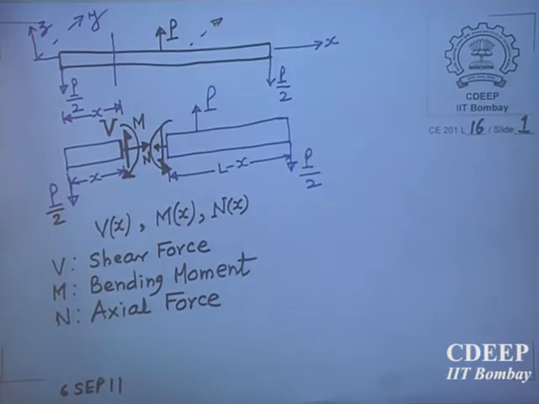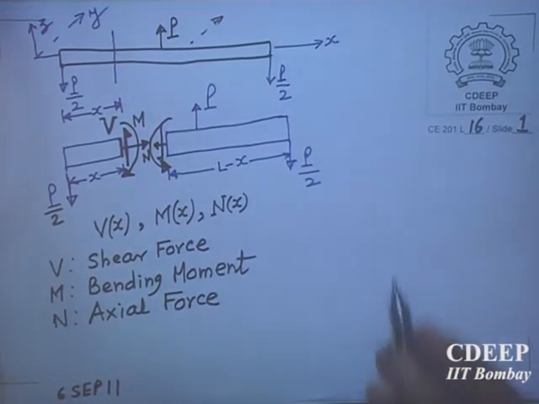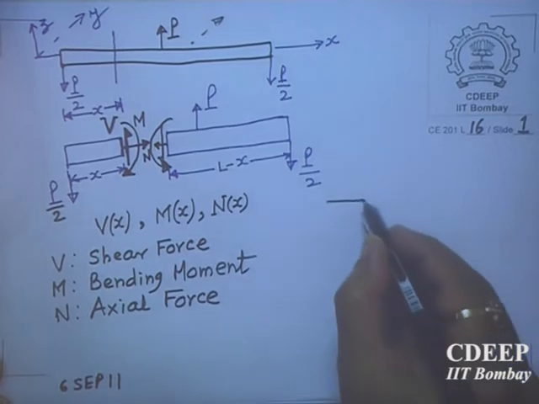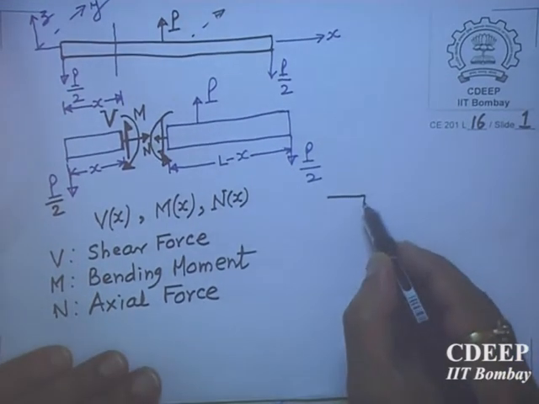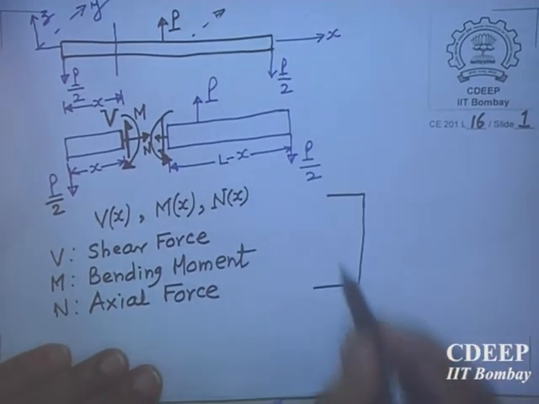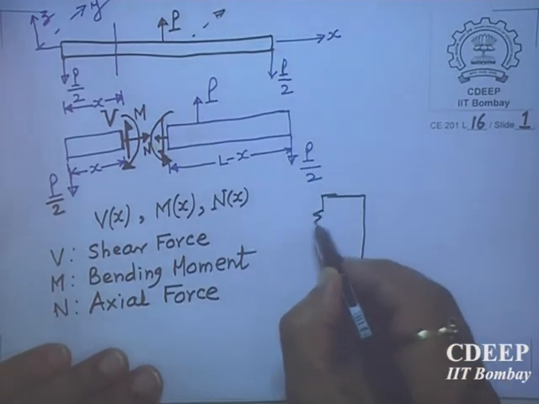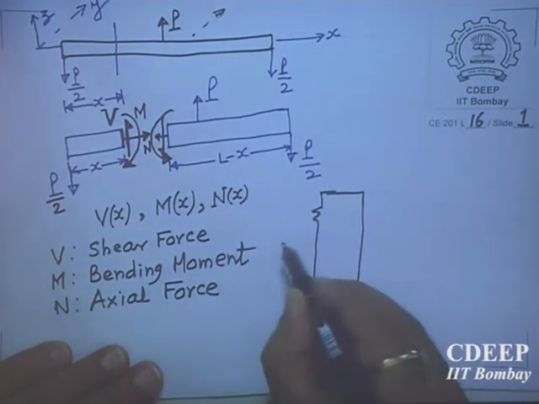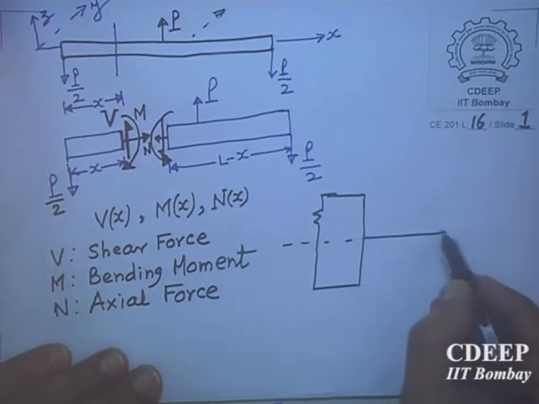So now shear force, how do you get this shear force? Now I will draw the enlarged picture of the depth of the beam. If this is the depth of the beam, this is your x-axis.